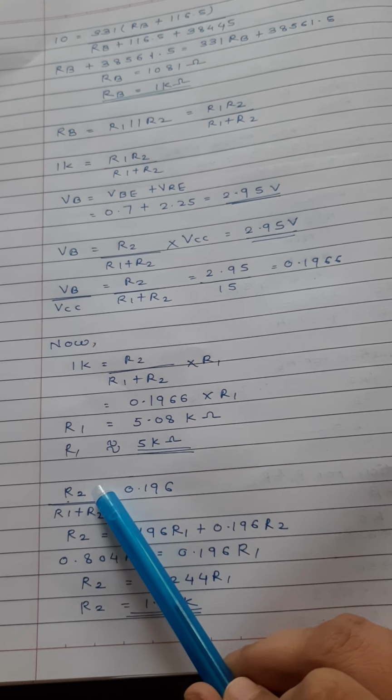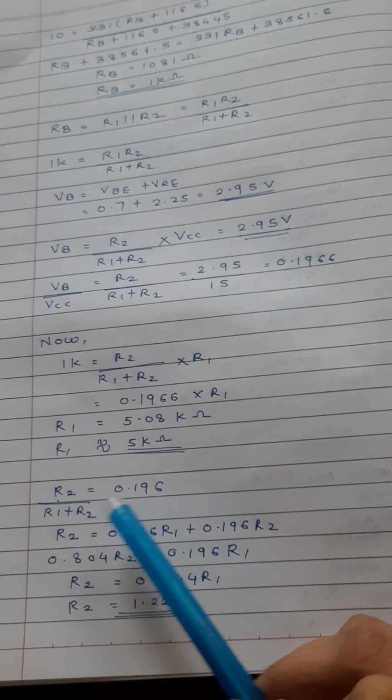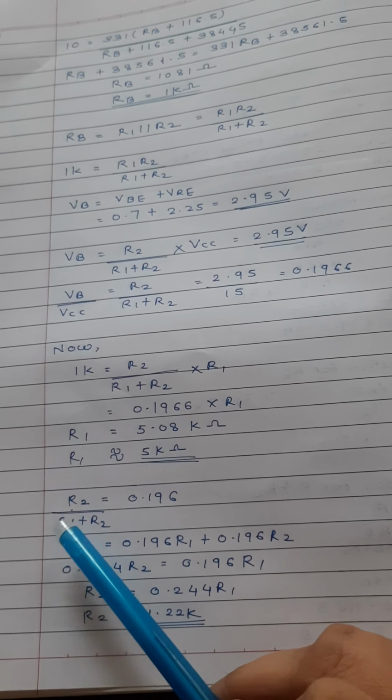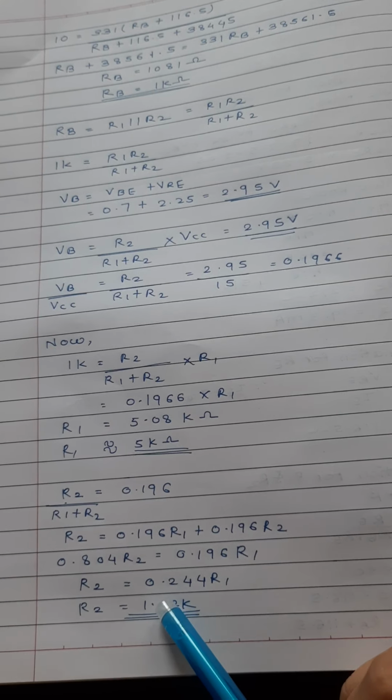With R2 upon R1 plus R2 equal to 0.196 and R1 already calculated, we can calculate R2 from this equation, which comes as 1.22 kilo ohm.